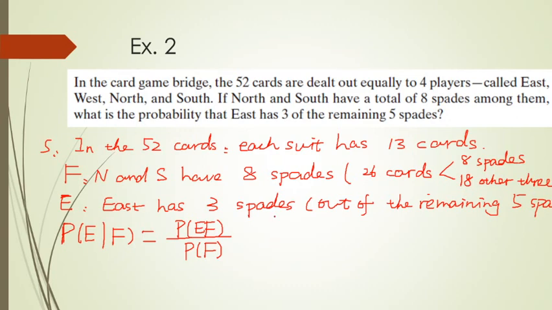Now here, how can we represent the event EF? That means east has 3 spades, but how many in total? Now, when east is going to choose, we only have 5 left. Make sense? We only have 5 left for east.